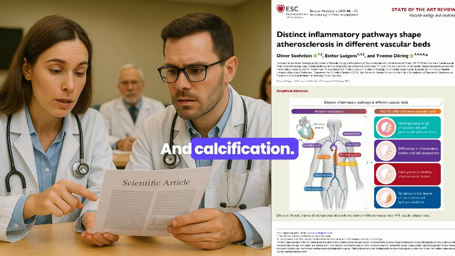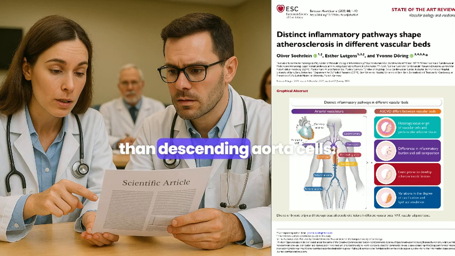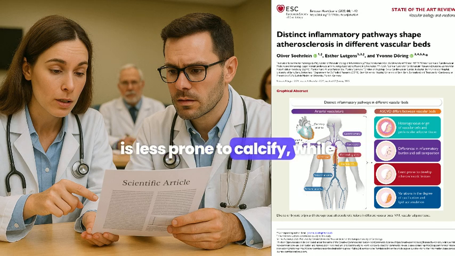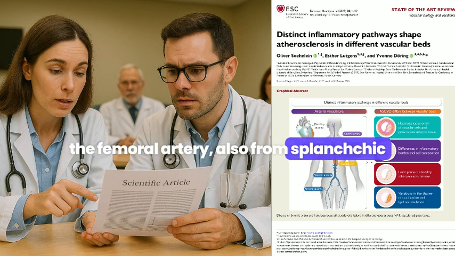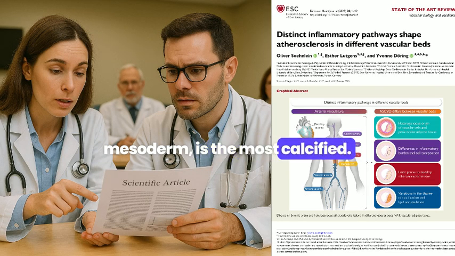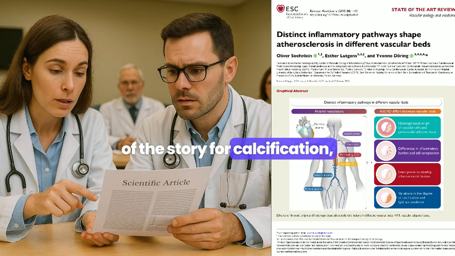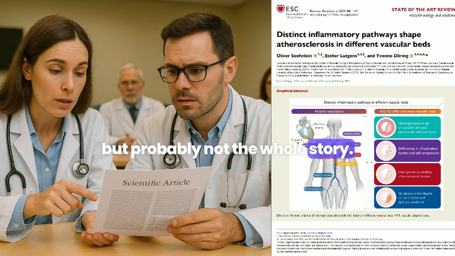And calcification? Does origin track with that? It's complicated. Aortic arch cells, neural crest, calcify earlier than descending aorta cells, somitic. Yeah. But then the abdominal aorta, splanchnic, is less prone to calcify. While the femoral artery, also from splanchnic mesoderm, is the most calcified. Exactly. So embryonic origin is likely part of the story for calcification, but probably not the whole story.